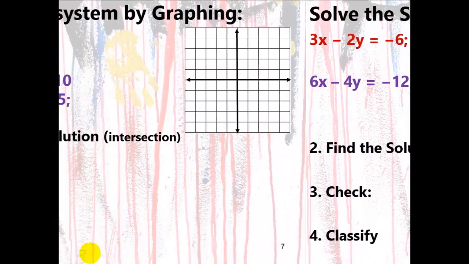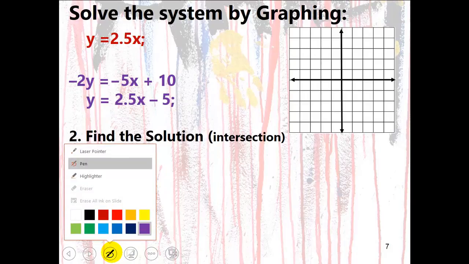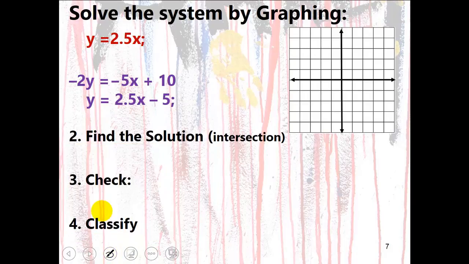All right. This one, we're going to graph the line y is equal to 2.5x. So my y-intercept is (0, 0) and my slope is 2.5 over 1. You could also go up 5 over 2.